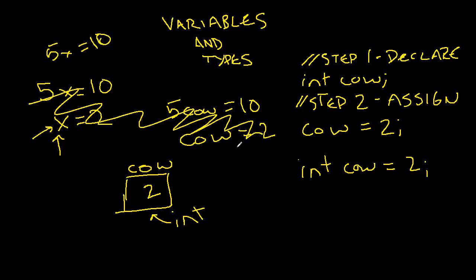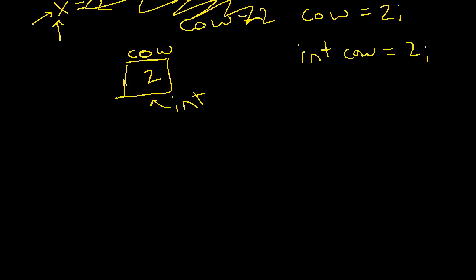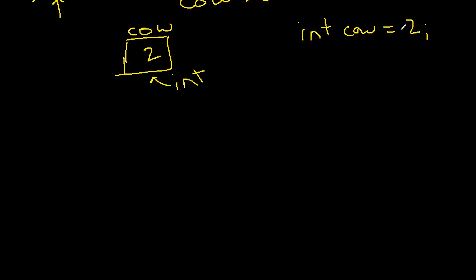But then we're going to use the cow, and you might say, well, what's the point? Why don't we just use 2 if we're just assigning cow to be 2? Well, maybe we have some function, right? And we already kind of talked about functions. We haven't written any of our own, but we've used printf before, which is in the standard I/O.